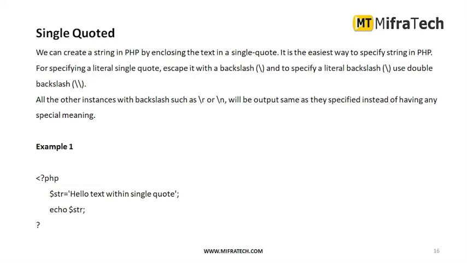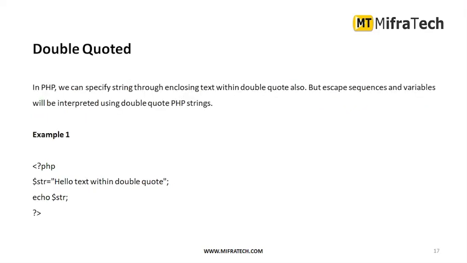All other instances of backslash, such as \r or \n, will be output as specified, without any special meaning. For example, with single quotes, $str is equal to 'hello text' in single quotes, echo $str. It will be displayed as hello text within single quotes.